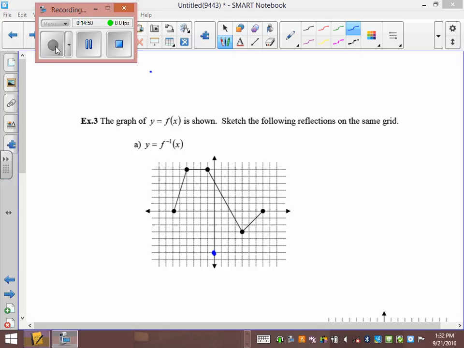This point is at -4 and 1, 2, 3, 4, 5, 6. And that's going to be a 6 and -4.